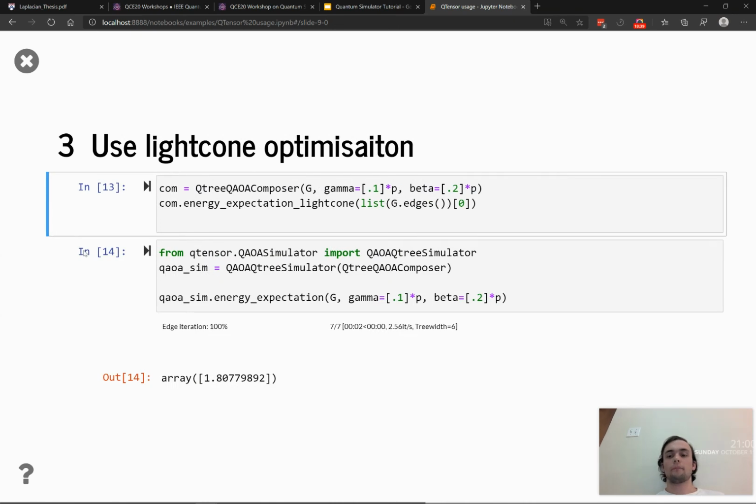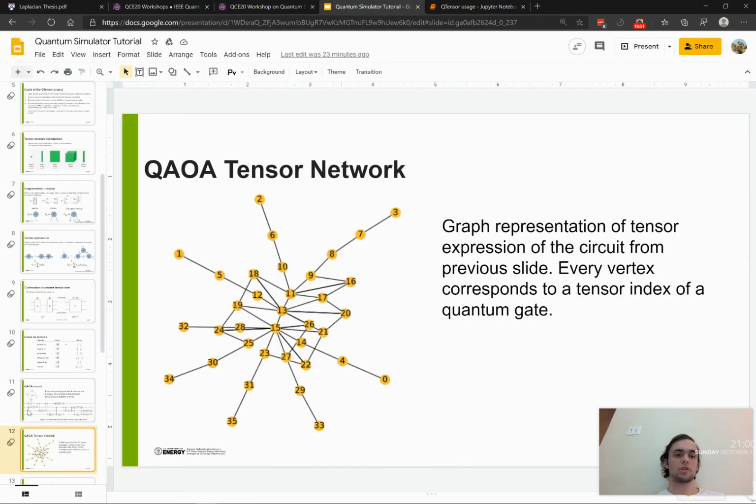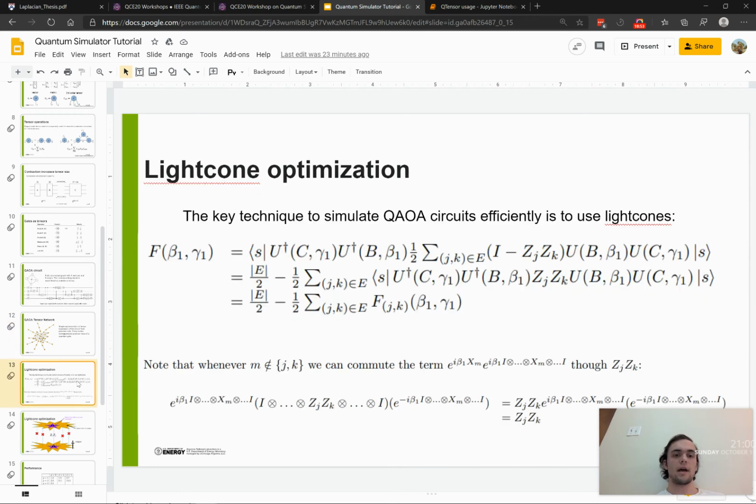There is a very useful technique for simulating QAOA, and in fact, I think I should show a slide about this. Light cone optimization allows you to cancel out most of the expression in your tensor network, because when you do the QAOA algorithm, you want to calculate energy. You don't want the ansatz state.